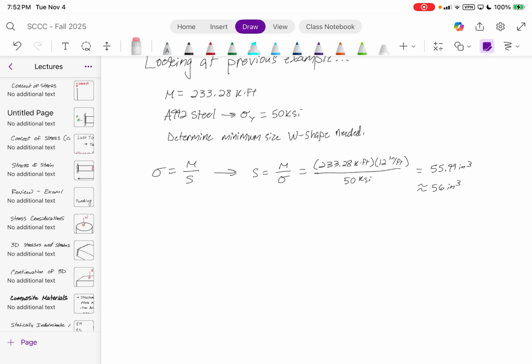Let's use the W10 by 51. A W10 by 54, that's an option, which gave us an S X value of 60 cubic inches. So that works. What other shapes? Anybody come up with anything else?